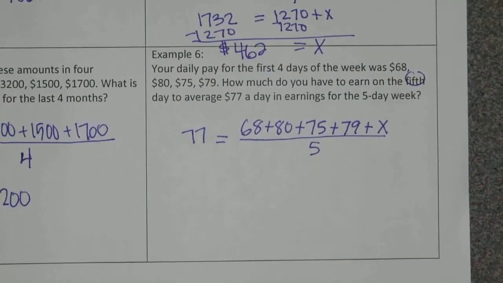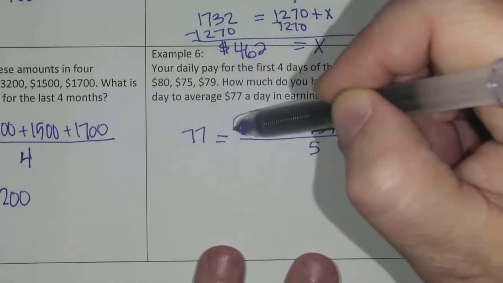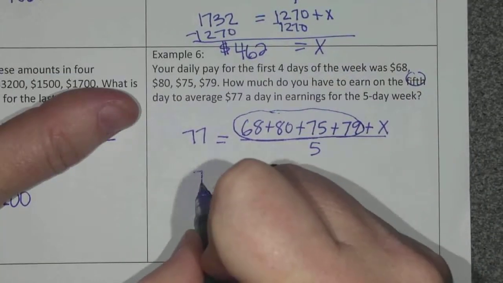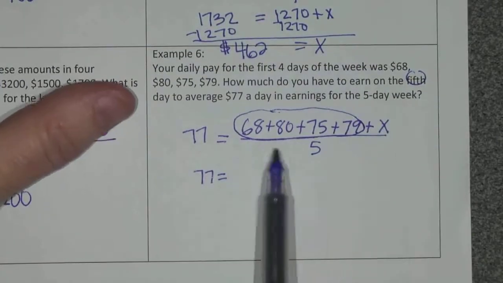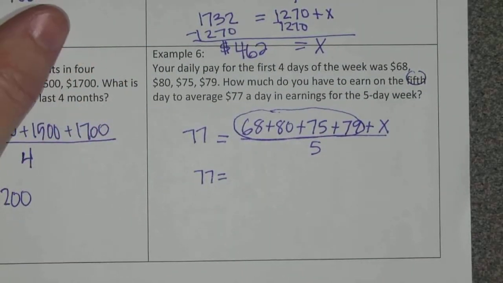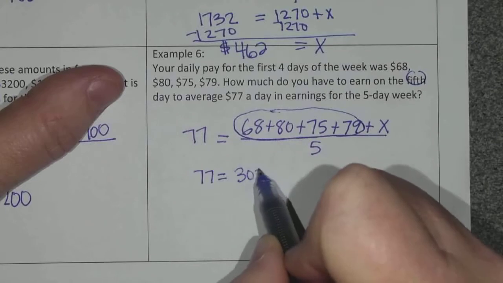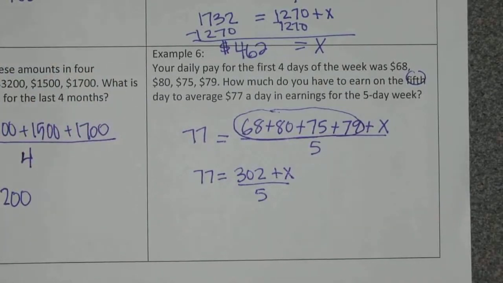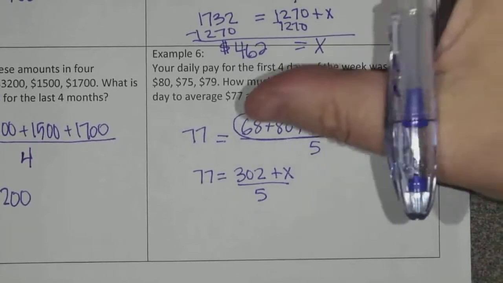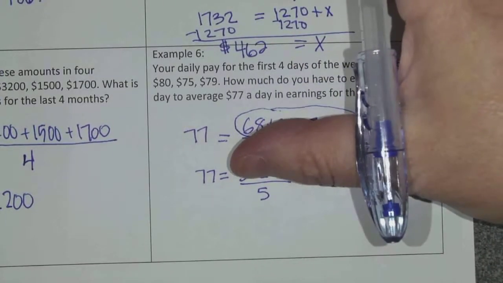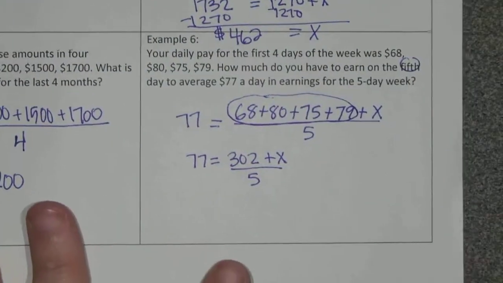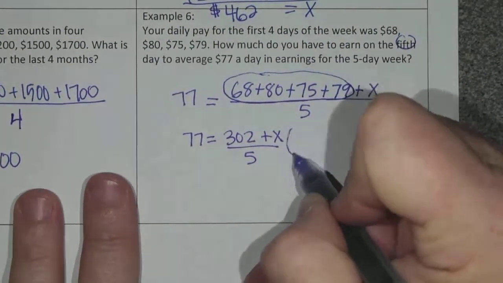So again, just like we did on the other problem, I want to simplify the top of this fraction first. So I want to add those all together and get it to be just one number. And what do you get on the top when you do that? 302. Thank you. 302. And I still have plus X. And I still have divide by 5. So just like last time, you guys, we're going to isolate by getting rid of that bottom number. How do I get rid of a divide by 5? I multiply by 5.